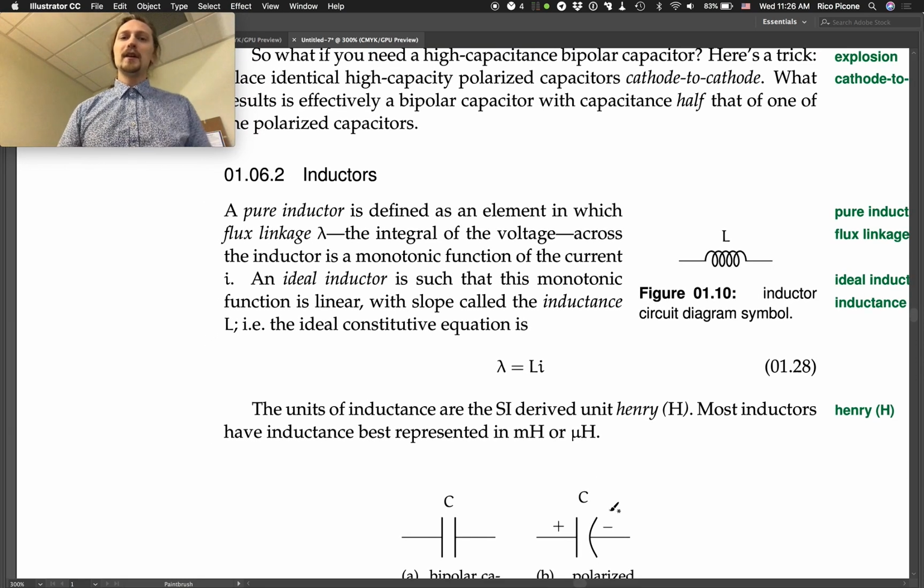Inductors. A pure inductor is defined as an element in which flux linkage, lambda, the integral of the voltage across the inductor, is a monotonic function of the current.